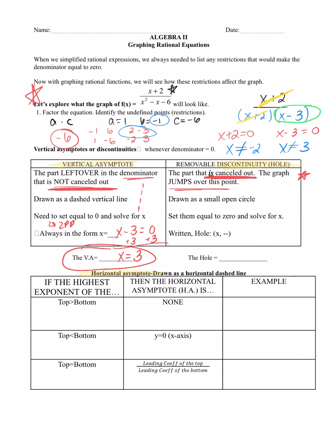How we would draw this on a graph is just a small open circle, so it would look like this in the graph, okay? Same thing, in order to find our hole, we are using the zero product property, okay? And how we write a hole is in this form. Now, every time we write a hole, we're only going to have an x point.